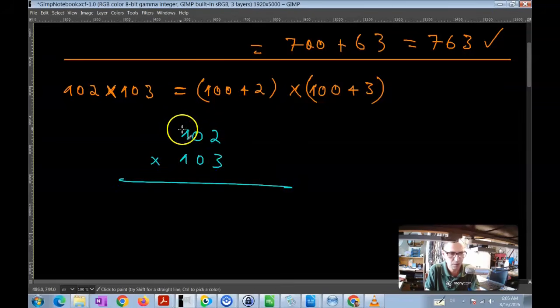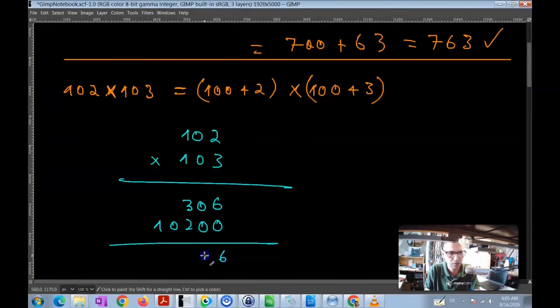So 3 times 102 would be 306. Put a 0 over here, and then 0 times anything is 0, so I will add another 0 over here, and then 1 times 102 is 102, and then add the whole thing together. A 6, a 0, a 5, a 0, a 1. That's 10,506.